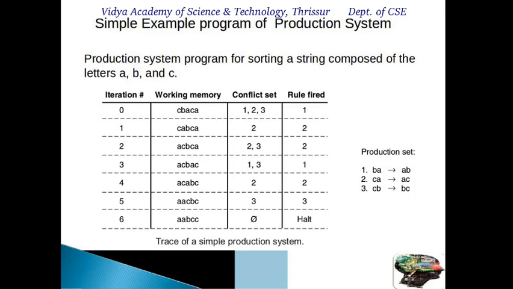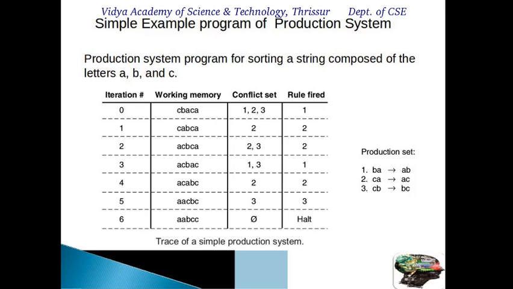So we have to make a conflict resolution rule. Our conflict resolution rule is that if more than 2 rules are selected by satisfying more than 2 conditions, the first rule should be taken. So in this case, the first rule, that is 1, is taken.